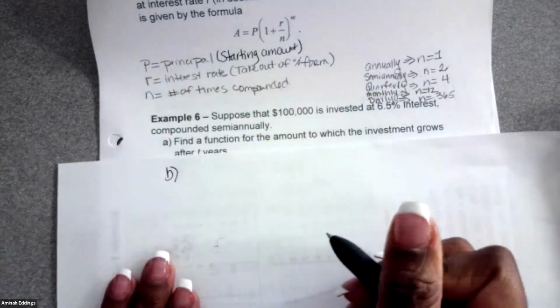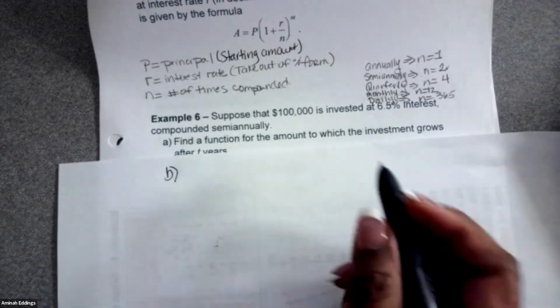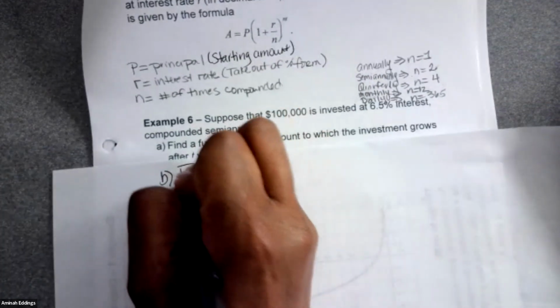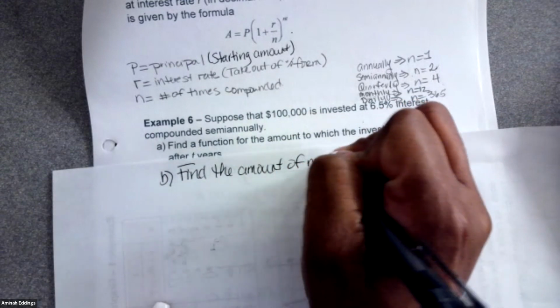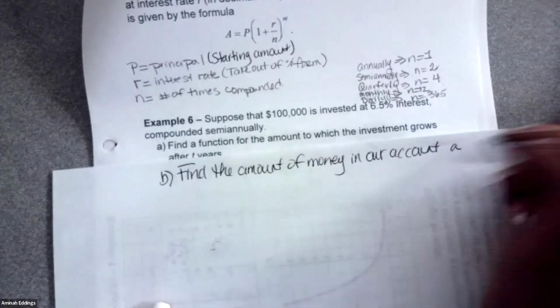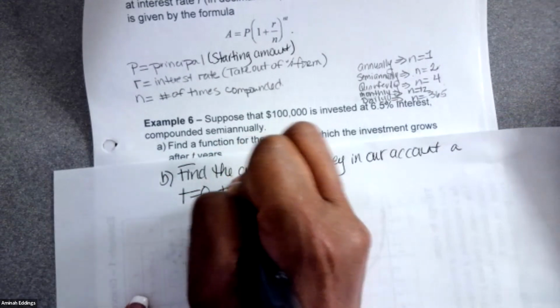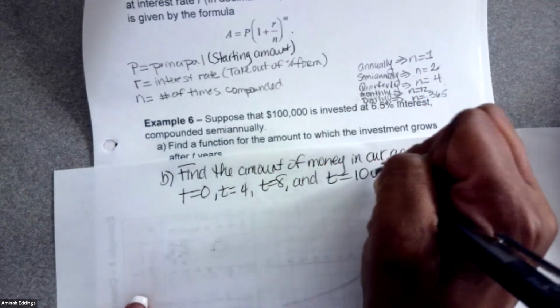And then part B, we are going to find the amount of money in our account at T equals 0, T equals 4, T equals 8, and T equals 10 years, okay?